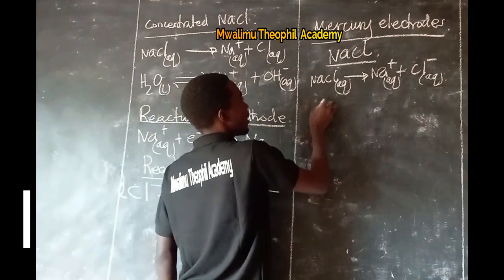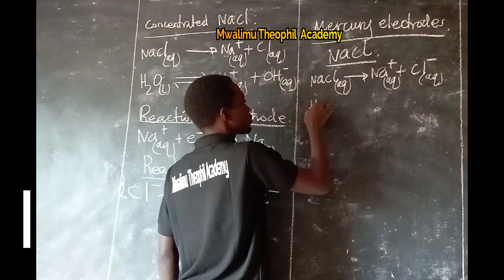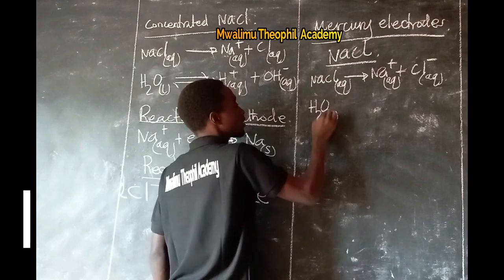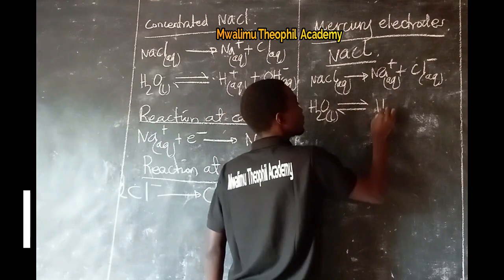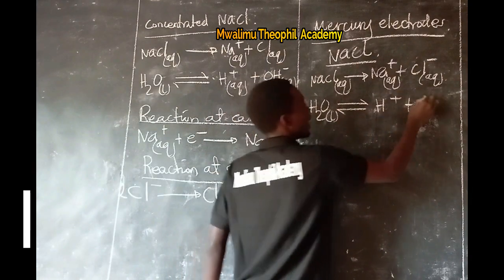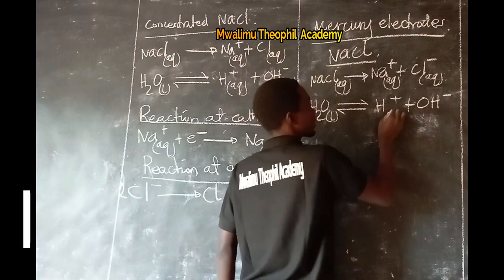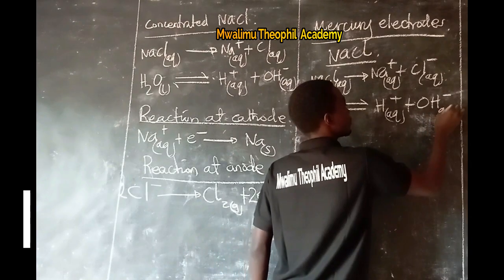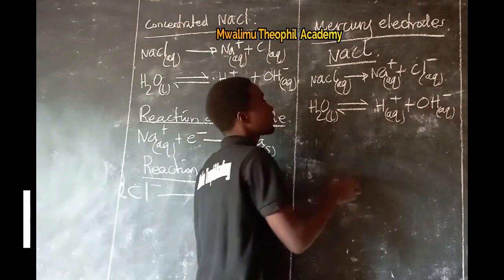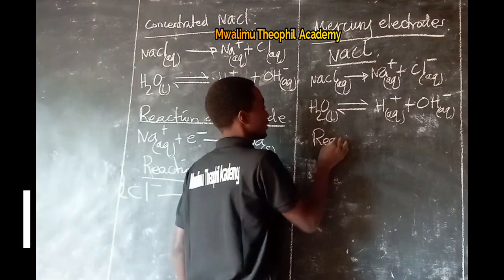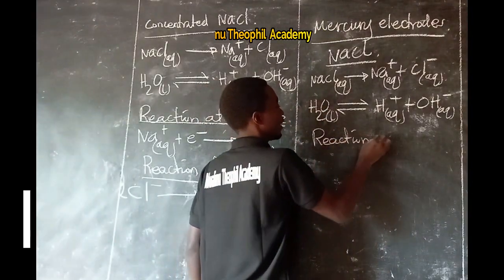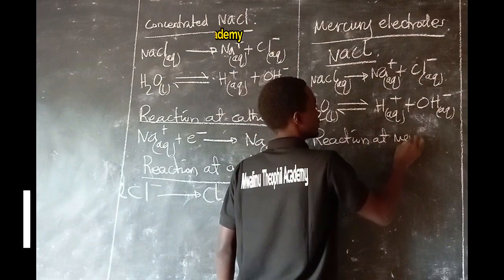Also, as it is dissolved in water, the water will dissociate to form hydrogen proton and hydroxyl ion. So here we are going to see the reaction at the mercury cathode.